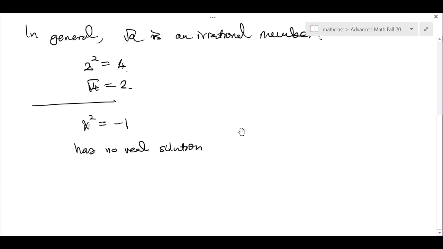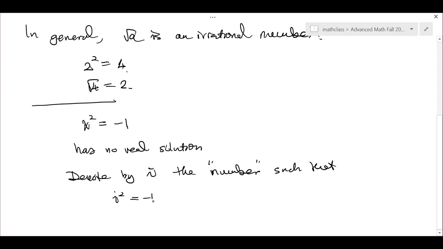So we have to introduce some imaginary number. We denote by i the number, which is not a real number, such that i squared equals -1.